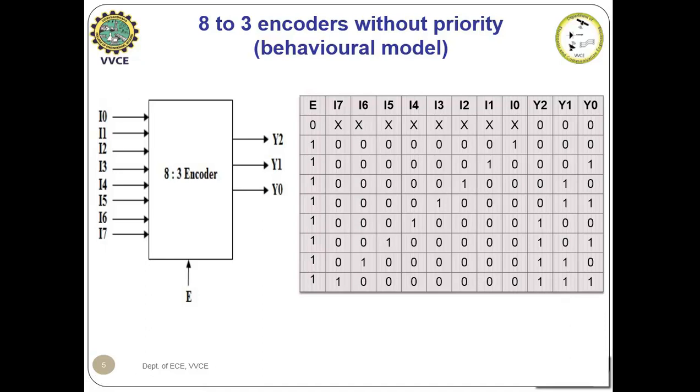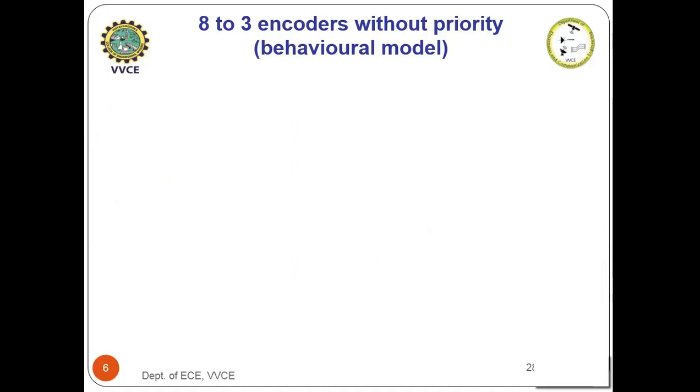Now, writing the code for this 8:3 encoder without priority, I'll be starting with the keyword module, and the module name is N823, and my inputs are enable, I and Y. Now, I'll be declaring the inputs, input E and input I, which is an array of 8 elements.